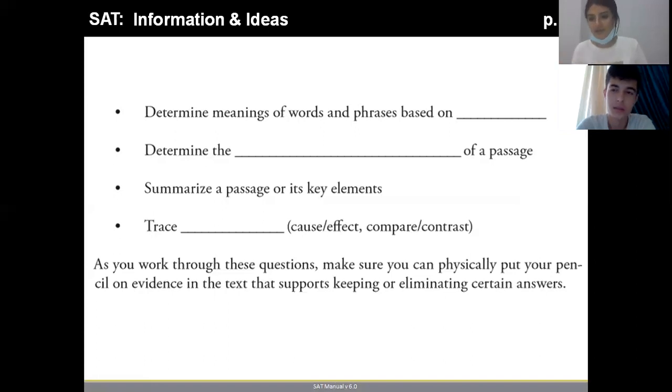Trace relationships between paragraphs, maybe cause and effect, compare and contrast. You have to find them. So this one is the information and ideas category.